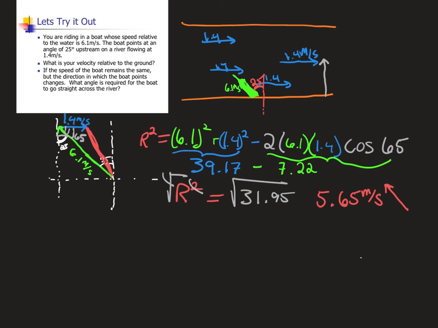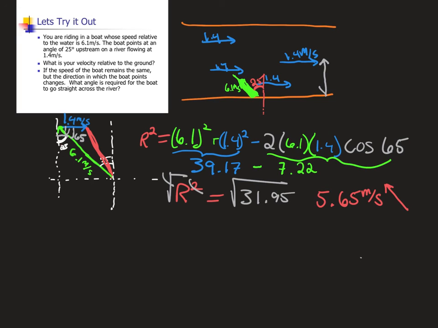So what angle do we point our boat to get it that way? And many of you who've been on a boat or driven boats have an inherent knowledge of what way to do that. So we're going to do it a little bit differently, and I'll use some math for us here because we have some of our numbers already.